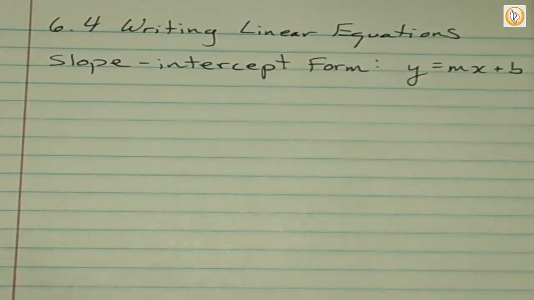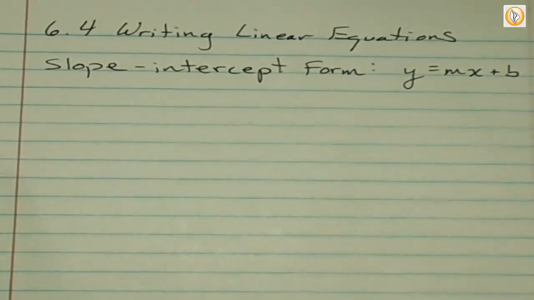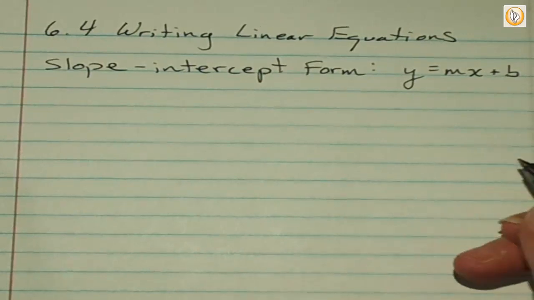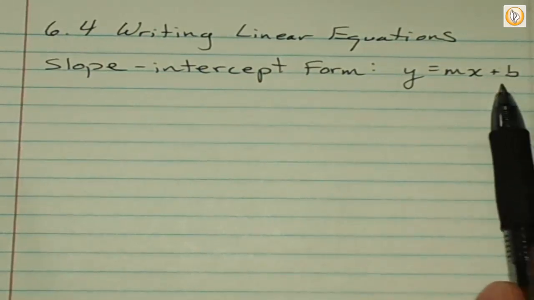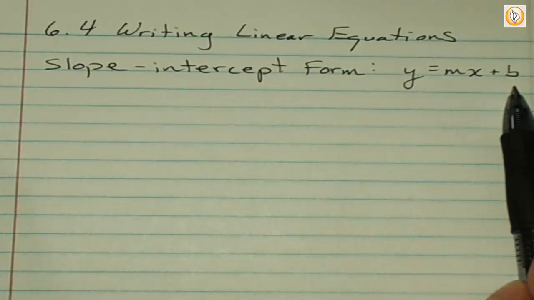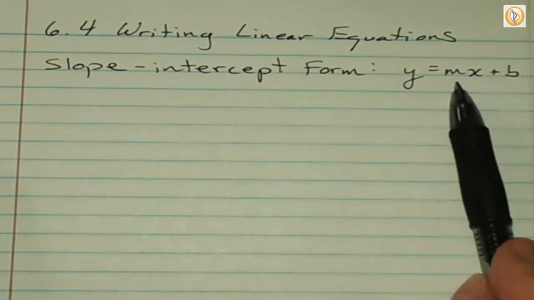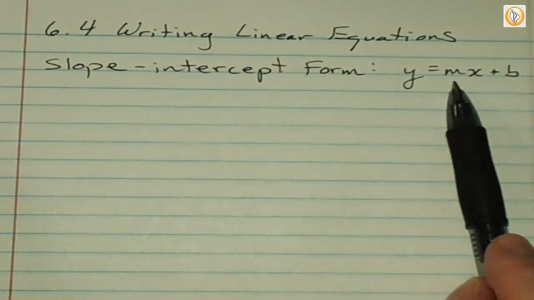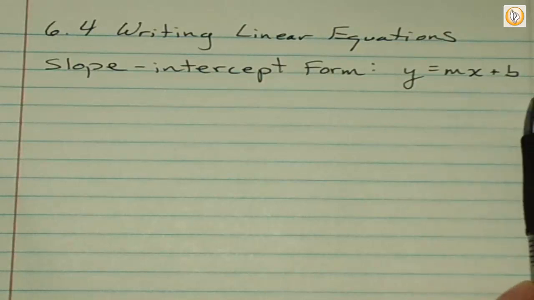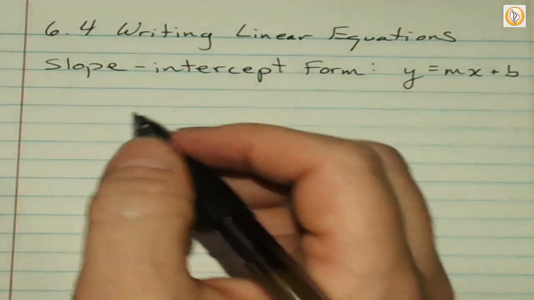What is the b? Y-intercept. Very good. What is the m? Slope. That's right. Do y'all remember that now?